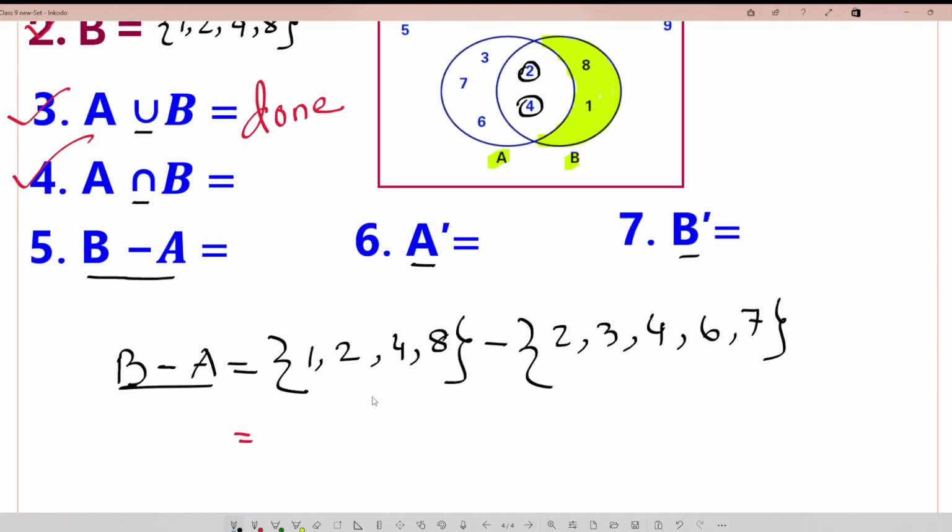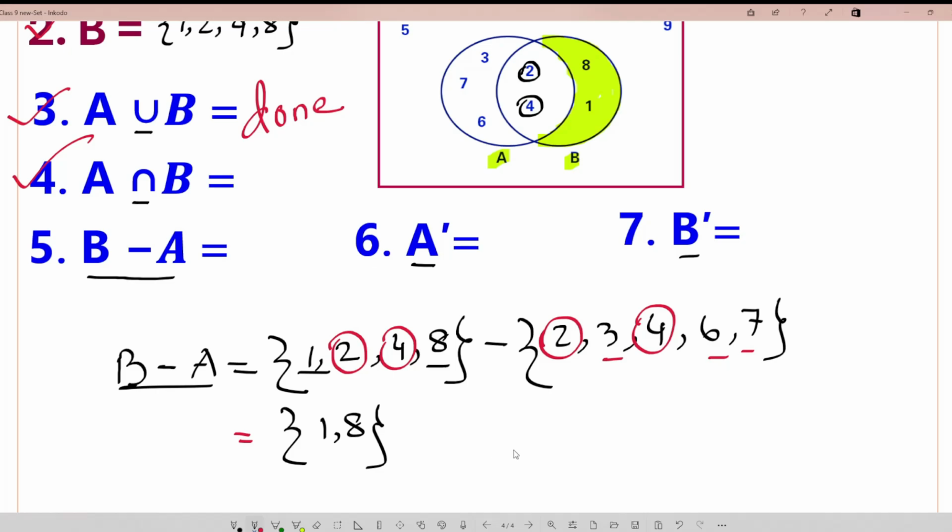Therefore our result should be 1 and 8, and no need to think about other numbers, we just remove 2 and 4 because they are common, and no need to think about 3, 6, 7.